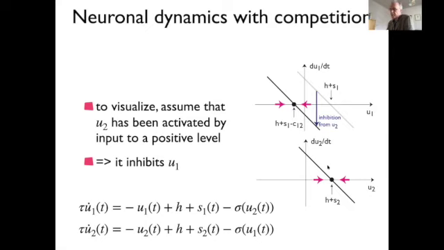This is a consistent description, because if neuron number 1 is off, is below 0, it does not contribute to this equation. So neuron number 2 is governed by this equation. And so if I assume that S2 has a value where this is positive, and therefore sigma of U2 is 1, then the assumption I made is consistent with the outcome of that assumption.